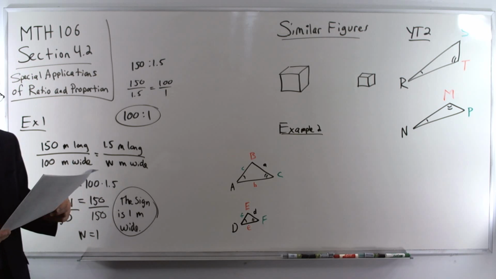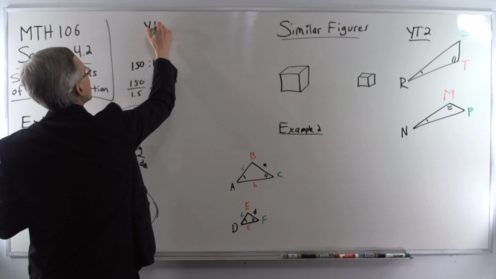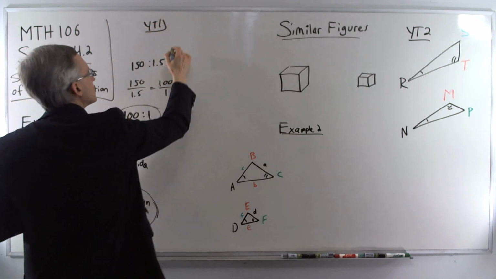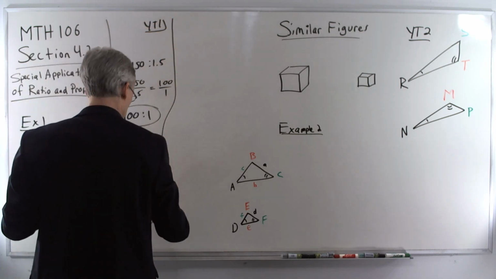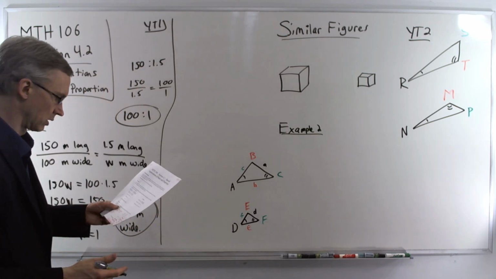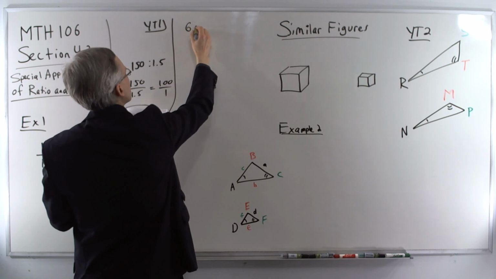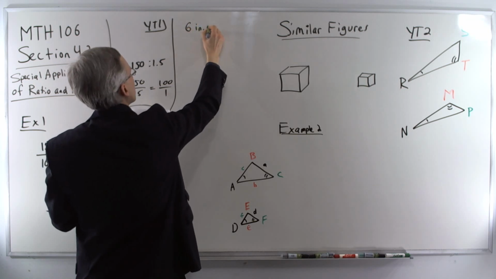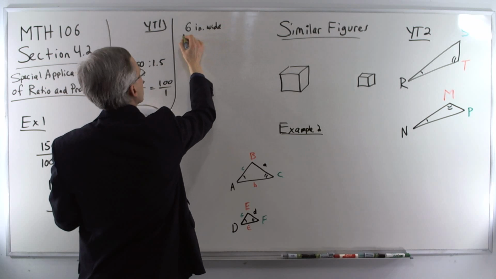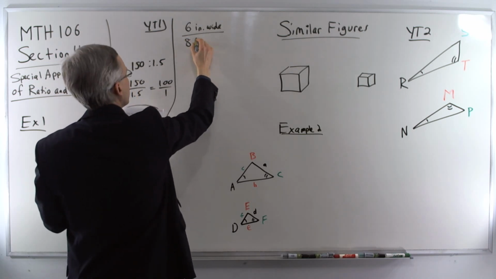Right, back to your turn, number one. We're going to do the CAD drawing of a machine part. So the drawing has dimensions 6 inches wide and 8 inches long.